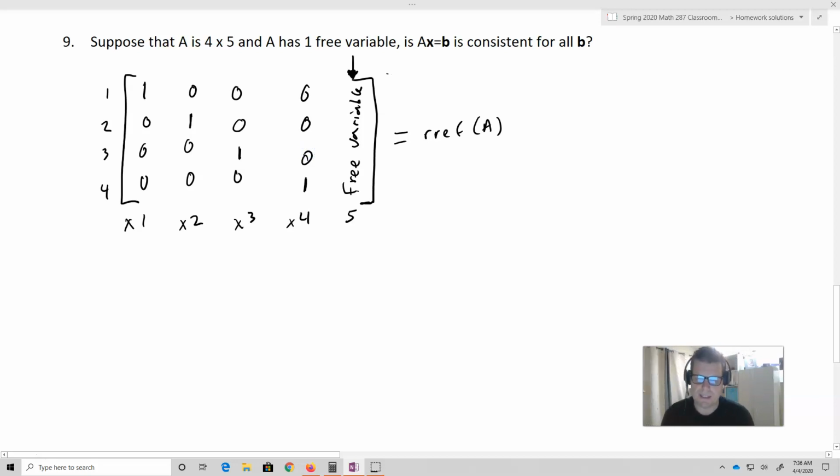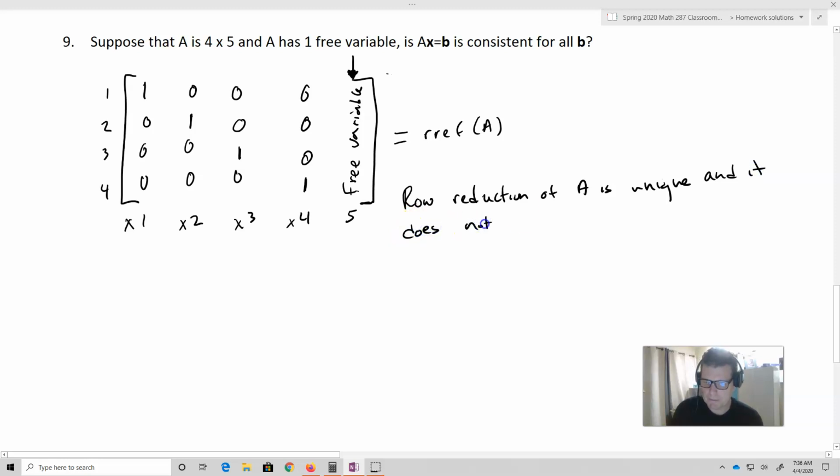Well, now let's look at this. If I have Ax equals b, my row reduction of A is always going to look like this. The row reduction of A is unique, and it doesn't matter if it's b on the end of it or if it's 0. It does not matter if we're looking at Ax equals b, Ax equals 0, or just A, or just RREF of A. We're still going to get that the row reduction remains the same.